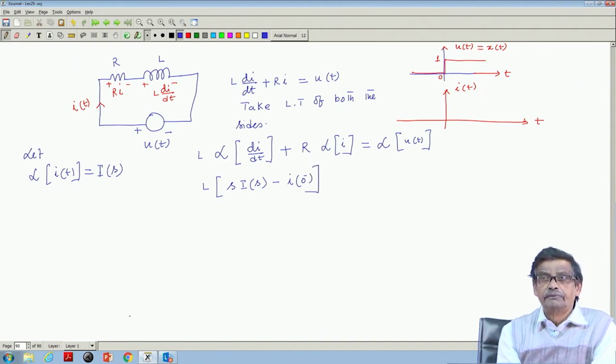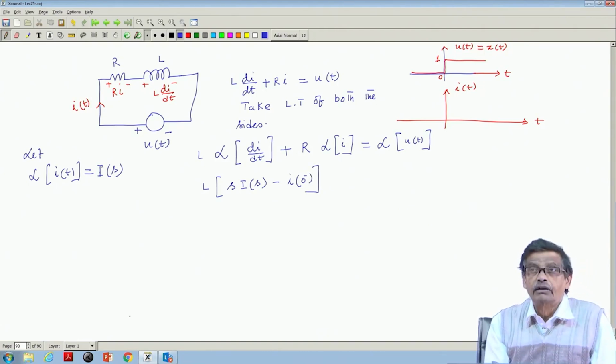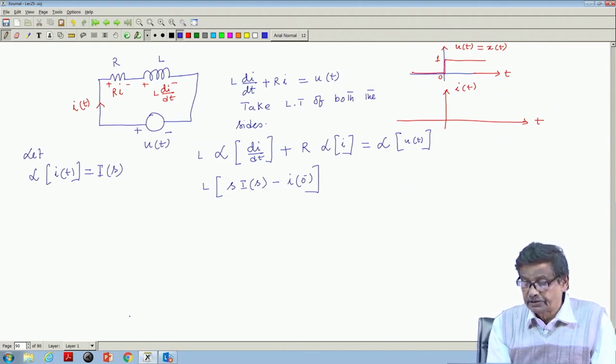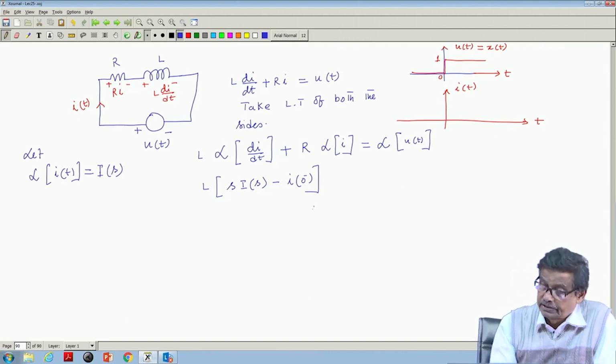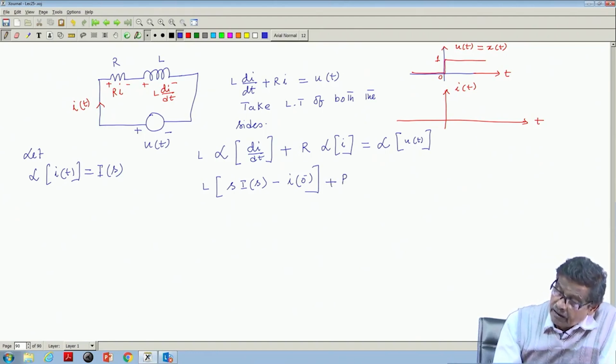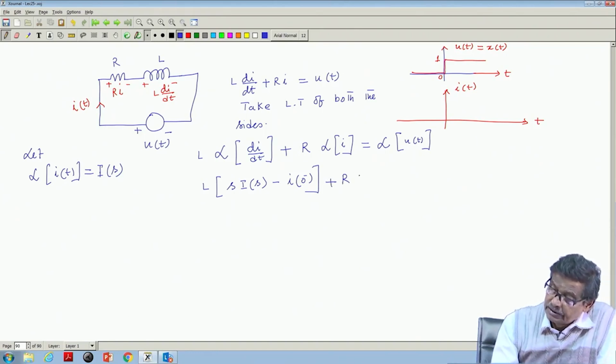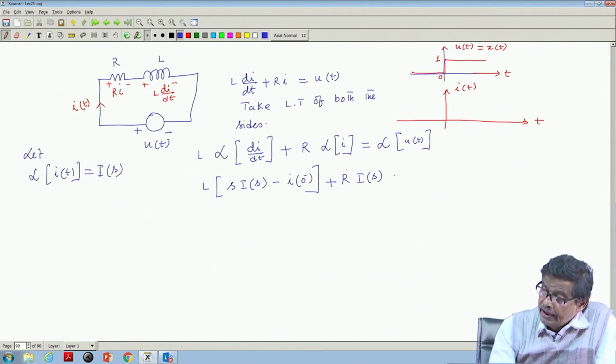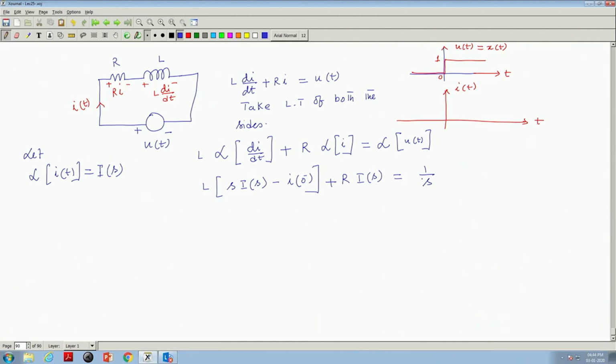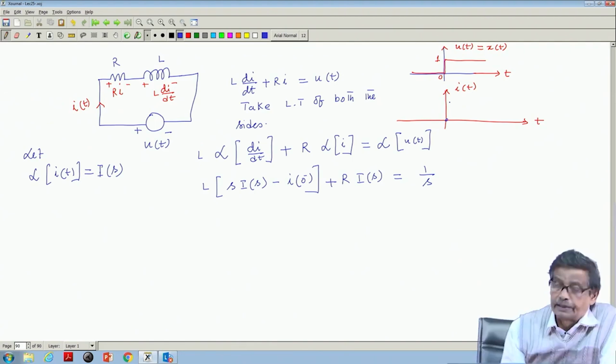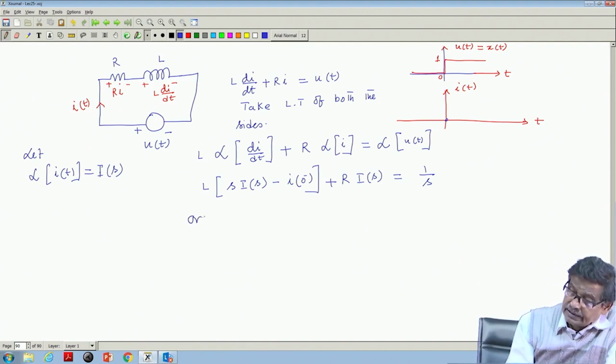You recall the differentiation formula of a time domain function, its Laplace transform is sI(s) minus i(0-), plus R into Laplace transform of this one is I(s), and this is equal to 1 by s, and we want to get solution for t greater than 0. So, this I(s) are whatever time function you will get there for t greater than 0.